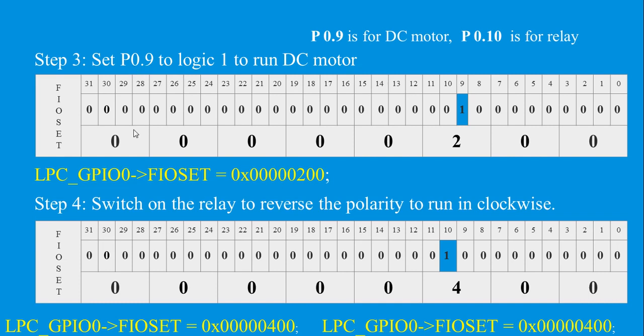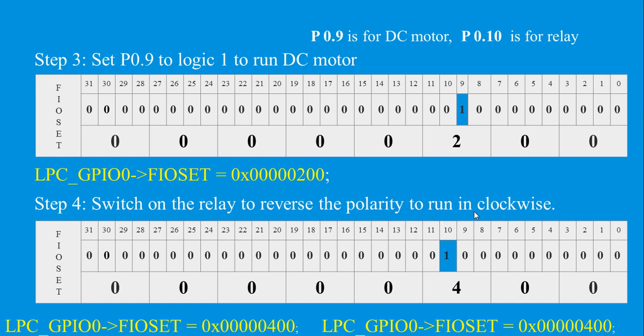So the corresponding value is 0x00000200. The instruction is LPC_GPIO0->FIOSET, because this FIOSET register comes under the structure LPC_GPIO0, as this pin is in port 0. So using this register you are sending logic 1 via the 9th pin of port 0.